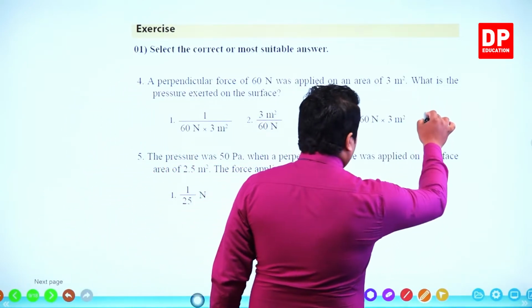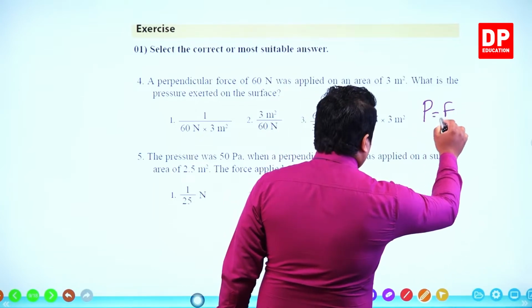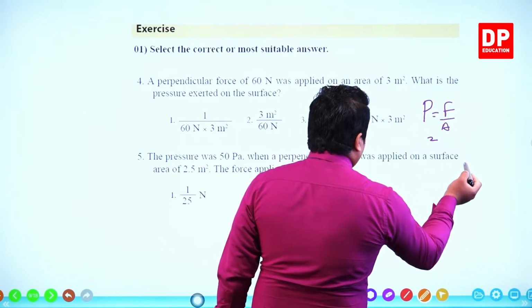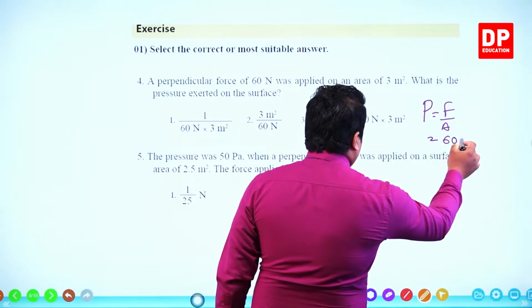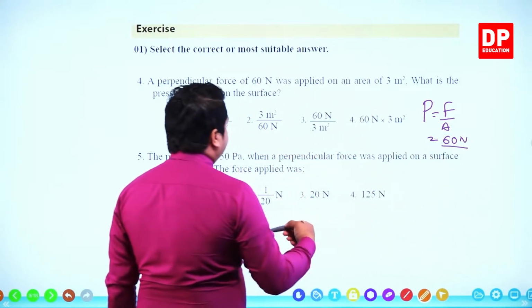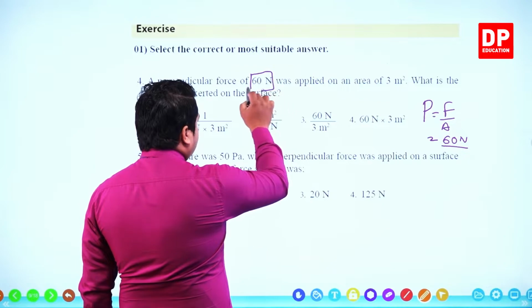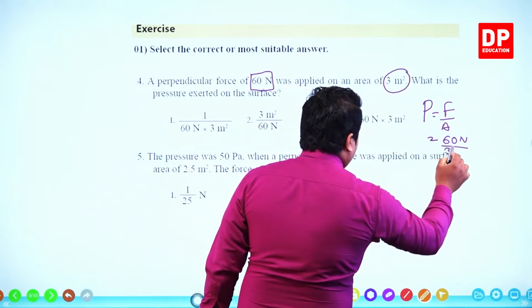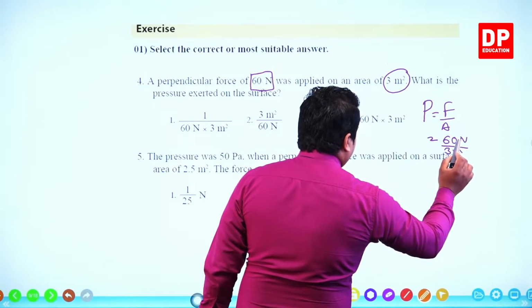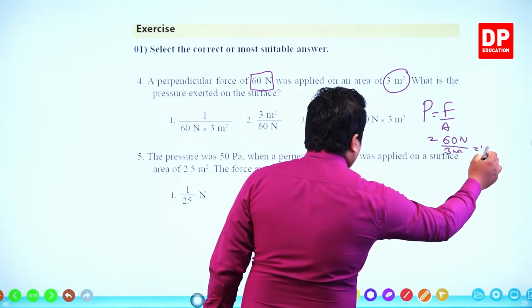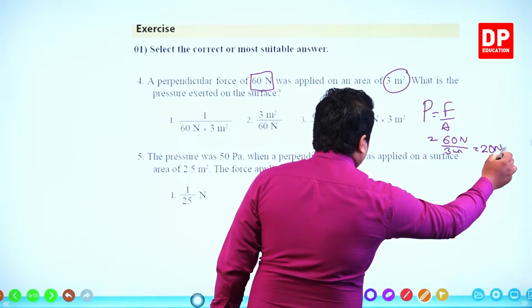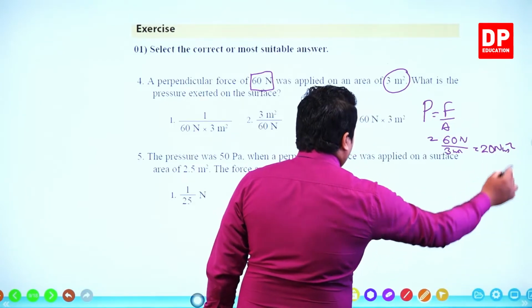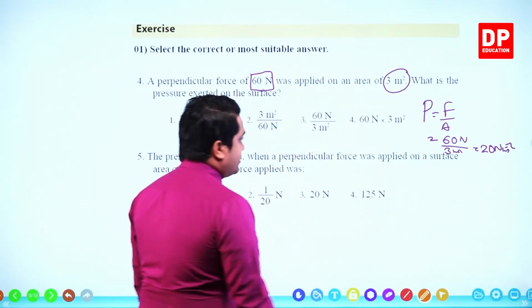You know that P is equal to F over A. Force is equal to 60 Newton, divided by area, which is 3 m squared. So 60 over 3 is equal to 20 newtons per square meter, right? 20 newtons per square meter.